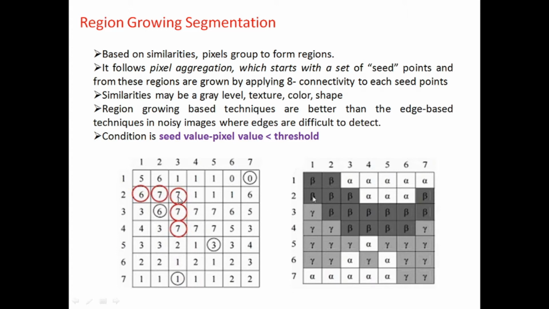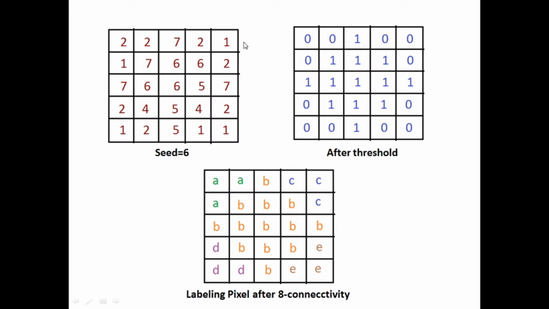To explain this case in a better way, let me take an example with a 5 cross 5 input image, where I picked a seed value as 6 and kept the threshold appropriately selected as 3 units.